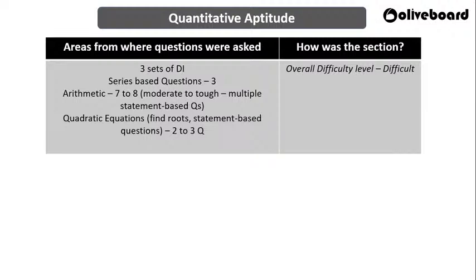So all in all, comparing to shift one, somewhere we have a sense from the students that shift two has been a little difficult. Okay, comparing between the same examination, shift one and shift two, right? When you compare it from the previous year, the English section was a little easier. It was a relief for most of us.